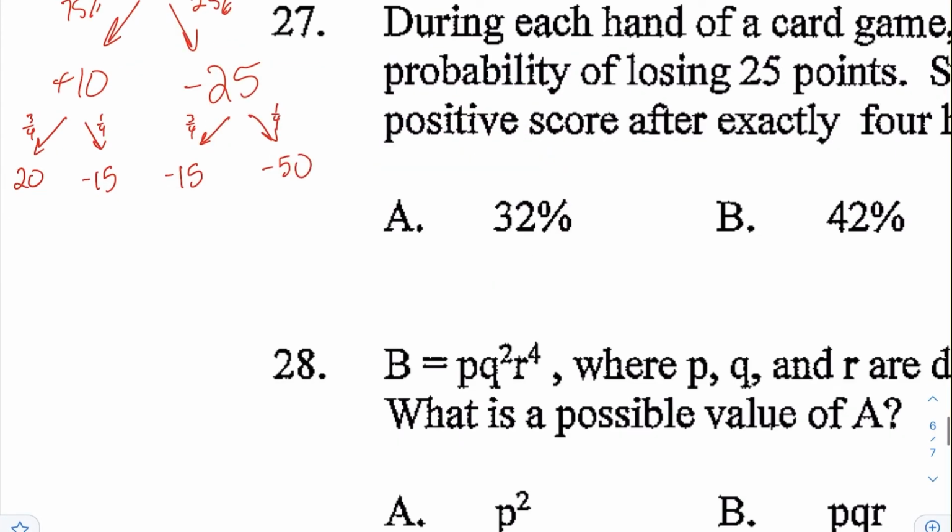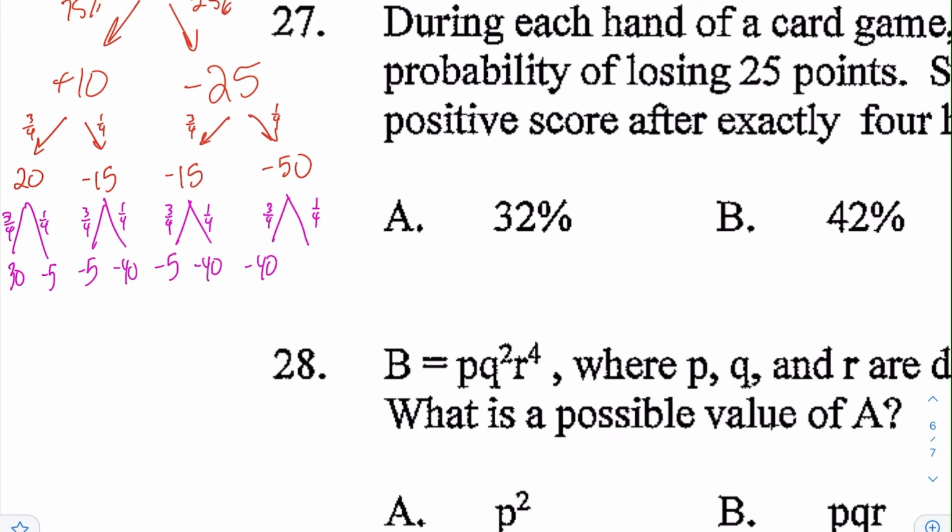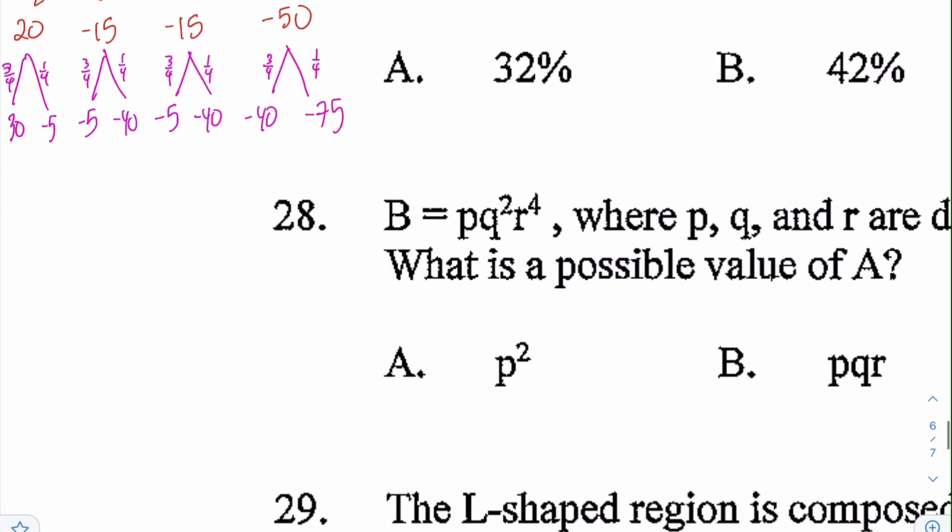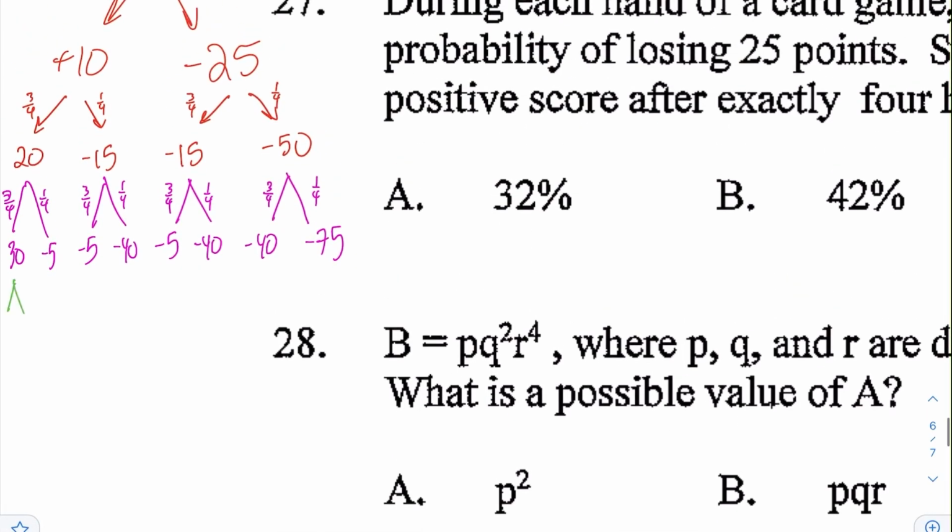And then each of these will branch out 2 more times. You have 3/4 and 1/4. So for each of the 3/4 you'll have to add 10, and for each of the 1/4 you have to subtract 25. And then from here you have one last round, because you have 4 hands, so there will be 16 possibilities.